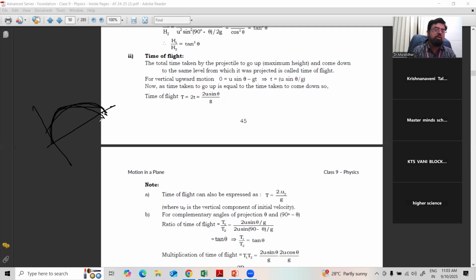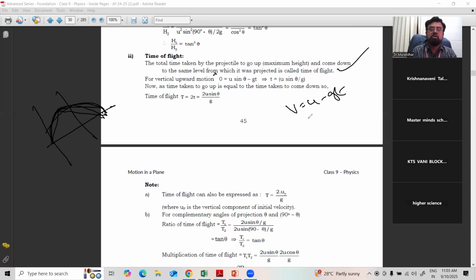That is equal to, as you learned in lower classes, time of ascent plus time of descent. So the total time taken by the projectile to go to maximum height and come down to the same level from which the body is projected is called time of flight. So for vertical upward motion, the formula is v is equal to u minus gt.